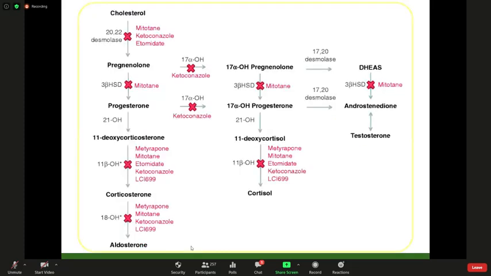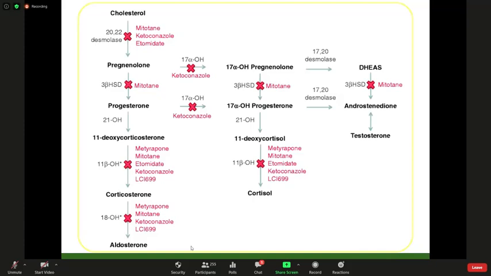And along this path, you have many inhibitors of the enzymes, no, that convert one molecule to the next. No? So some of these drugs are specific, some are non-specific.